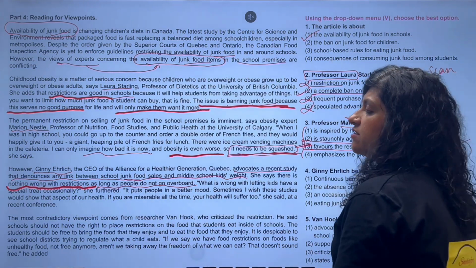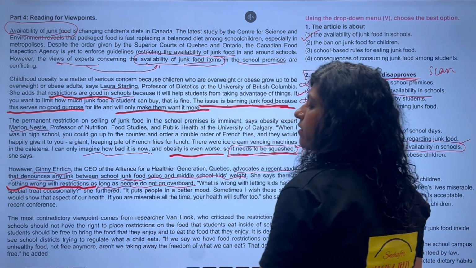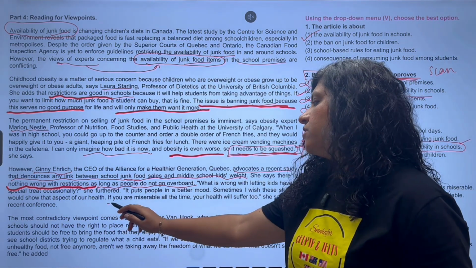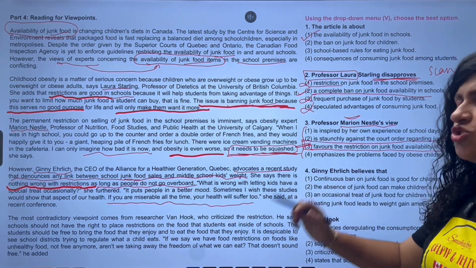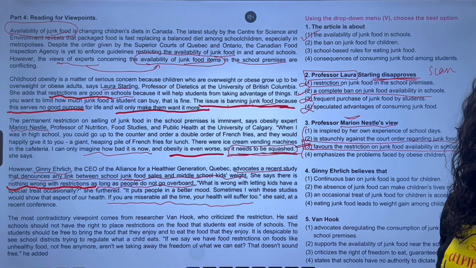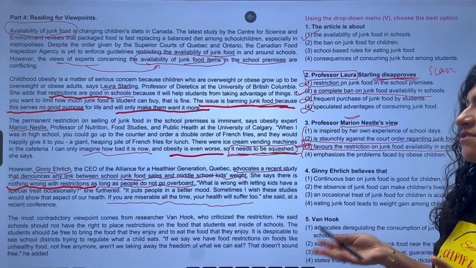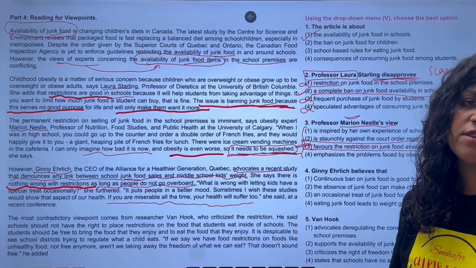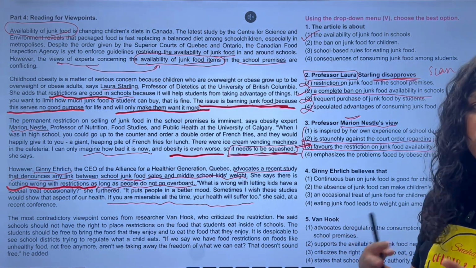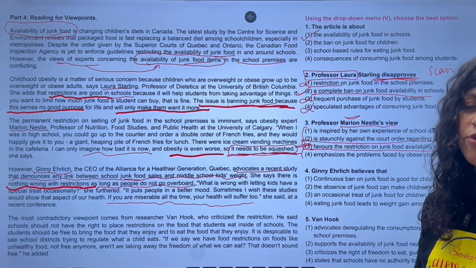Sometimes I wish these studies would show that aspect of our health. If you're miserable all the time, your health will suffer too. So if junk food can put people in a better mood, there is nothing wrong in that. So why not have some junk food and feel good, right? That is the viewpoint of Ginny.